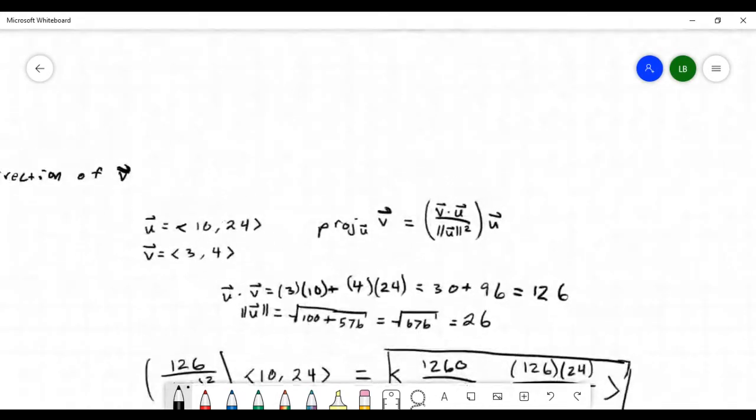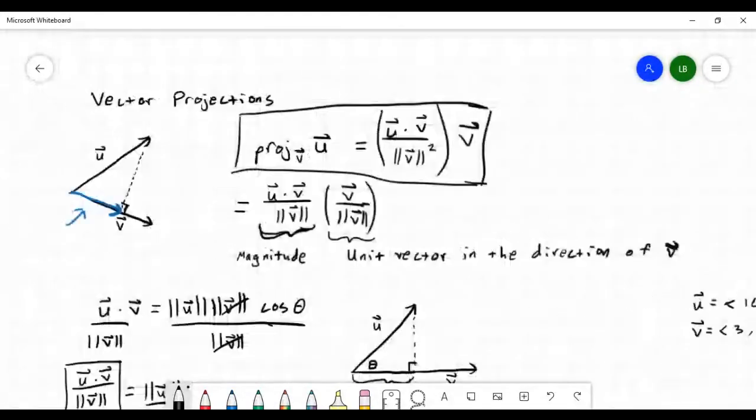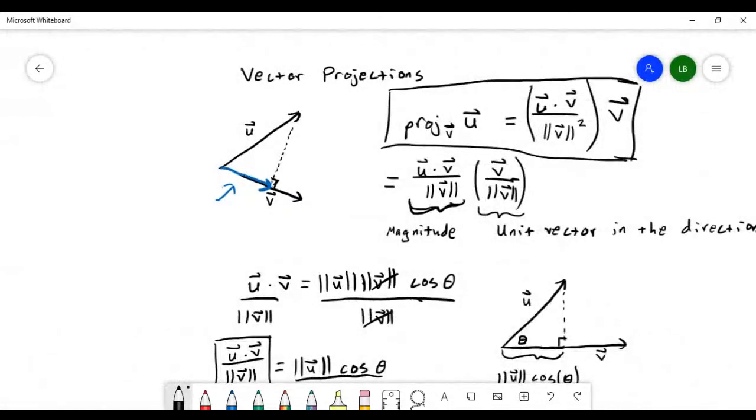One last note about vector projections. You go back to this original diagram. Sometimes you'll see this blue part, the projection of u onto v, labeled W1. There's also a complementary part, which is the part of u that is not in the same direction as v. You might see this referred to as W2.